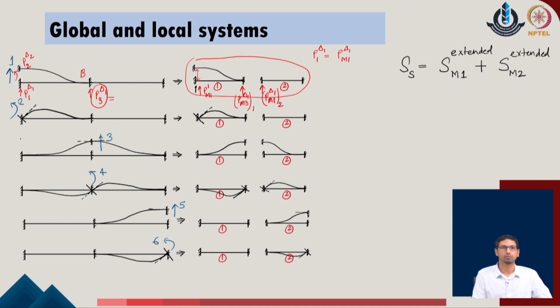And now, if we look at it from the perspective of the stiffness matrix, we realize that these are individual deformations we are providing to the given system. We provide the delta 1 in the given system direction 1, we provide the delta 2 which is the rotation at the joint 1, we provide the delta 3 which is the translation in the joint 2, we provide the rotation, and similarly we also provide the degrees of freedom 5 and 6 in the given problem.